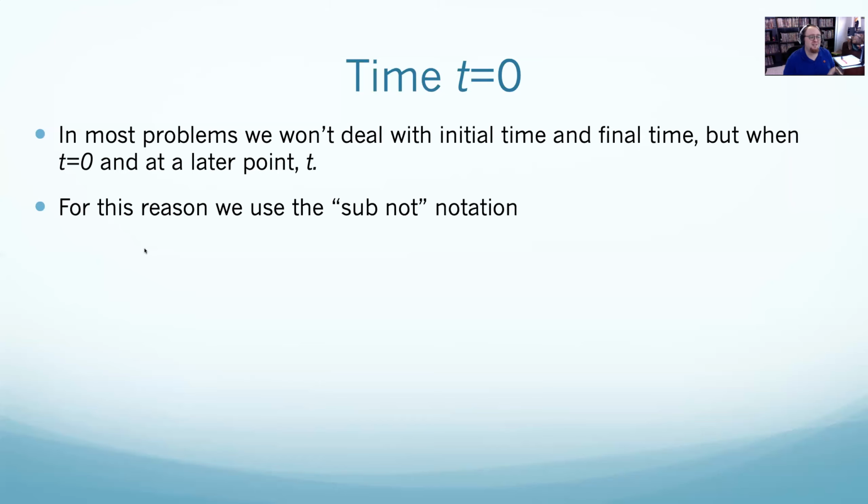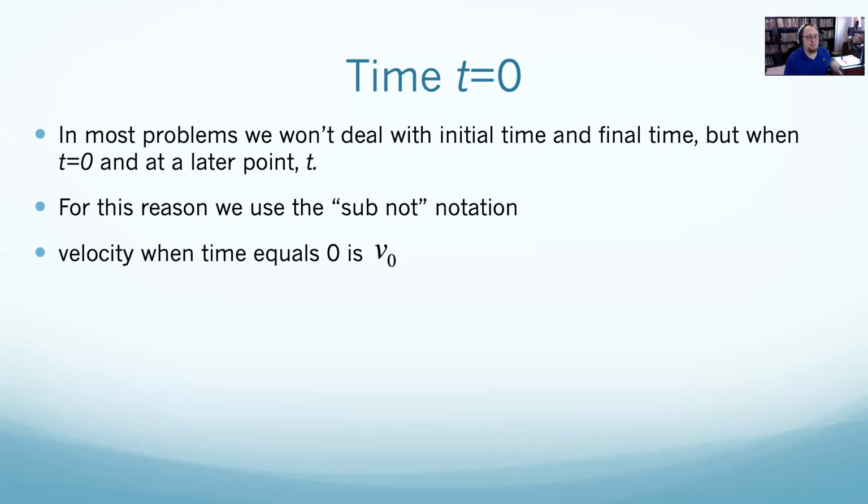This introduces the sub-naught notation. For every term, position, velocity, acceleration, we'll put it in 2 categories: the one that happens when T equals 0 and the one that happens when T doesn't equal 0. And anything that's when T equals 0, we'll give it a subscript 0, or a sub-naught. So my velocity when T equals 0 is V sub naught.